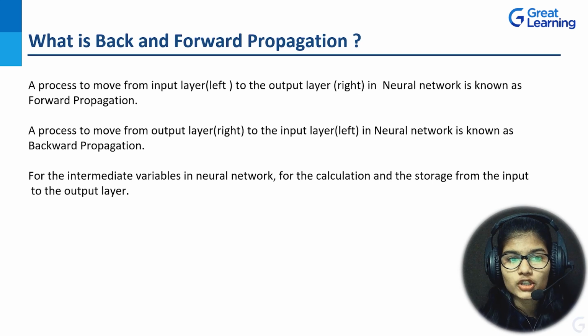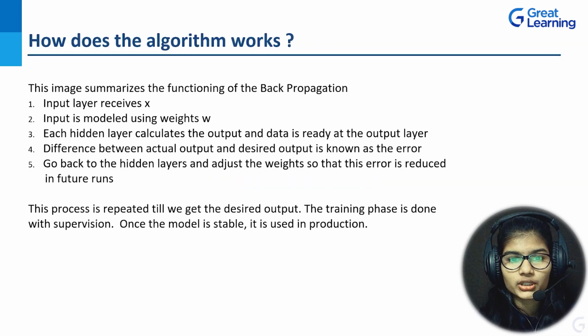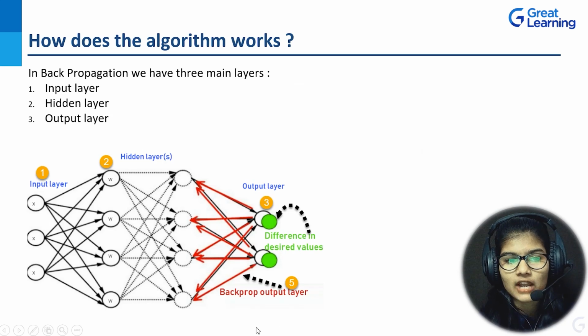Now, left to right I already mentioned a few minutes before with the same diagram. I told you that on the left we have the input layer and on the right we have the output. Have a look at this diagram once again. On the left, that is point number 1, you have the input layer. Where point number 3 is, that's your output layer, and obviously that's on the right hand side.